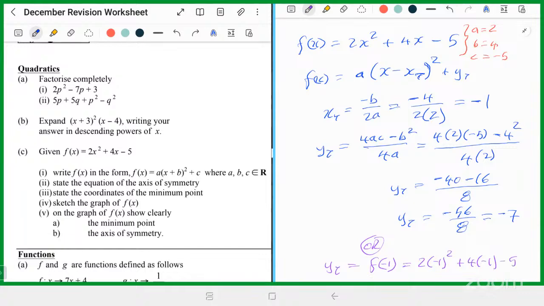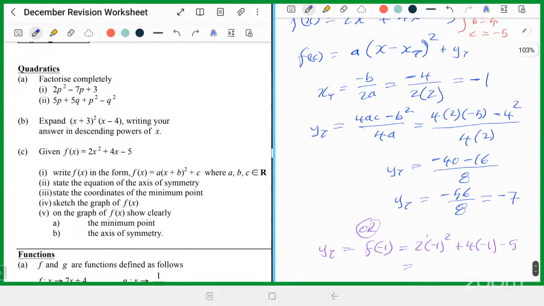We're supposed to get the same answer. So this negative 1 squared is a positive 1. And positive 1 times 2 is 2. So this whole expression becomes a 2. And 4 times negative 1 is negative 4. Then subtracting this 5. And that becomes negative 9 if you work it out. Because 2 and the negative 4 is negative 2.